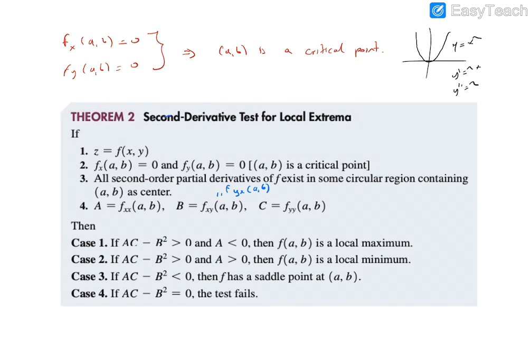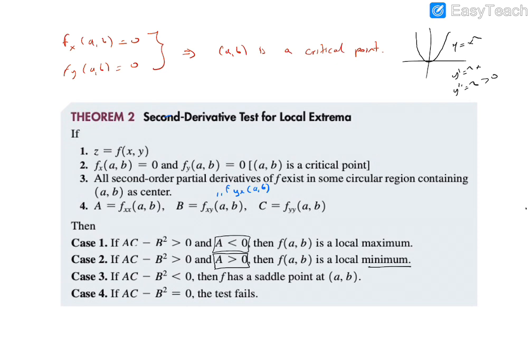So 2 is positive. So here we have a local minimum, or absolute minimum here, but in general a local minimum. If the second derivative is positive, we have a local minimum. So here, if the second derivative is positive, A represents the second derivative f sub xx, okay? So this is a local minimum.